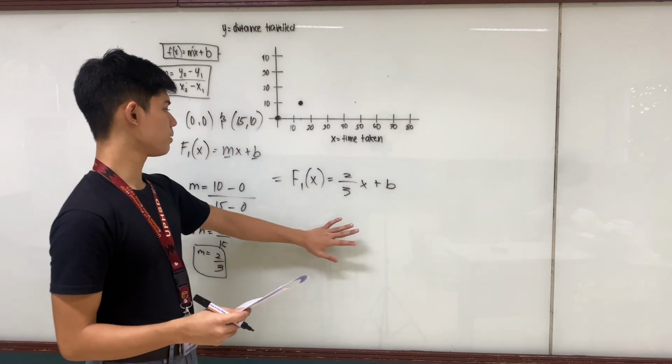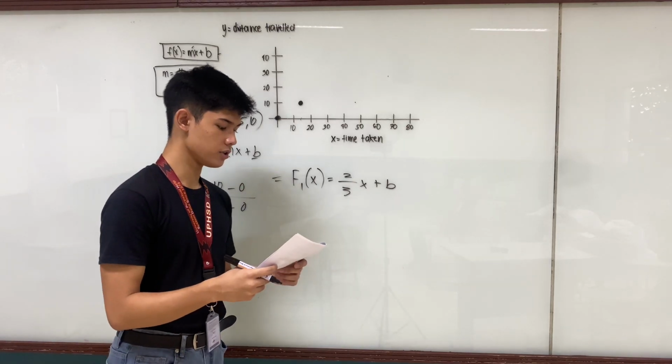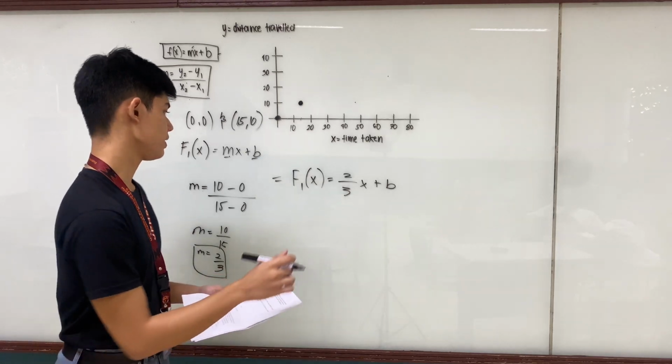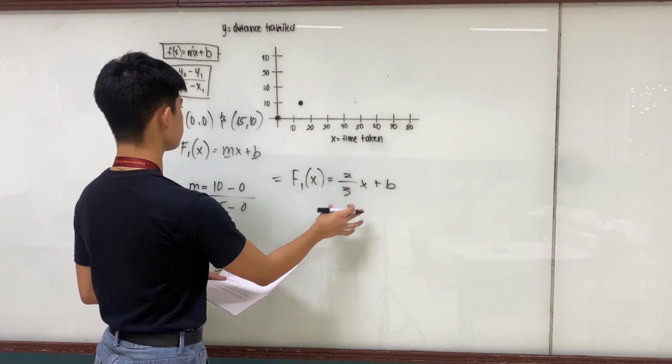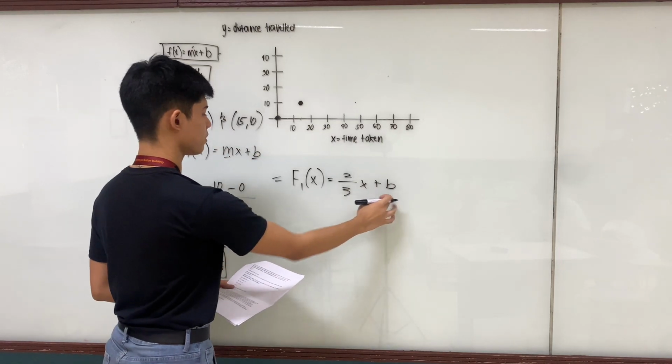So now we already have m, but we should also find our intercept, or the b. To do that, we simply substitute the values of either of the two coordinates in this equation to get b.